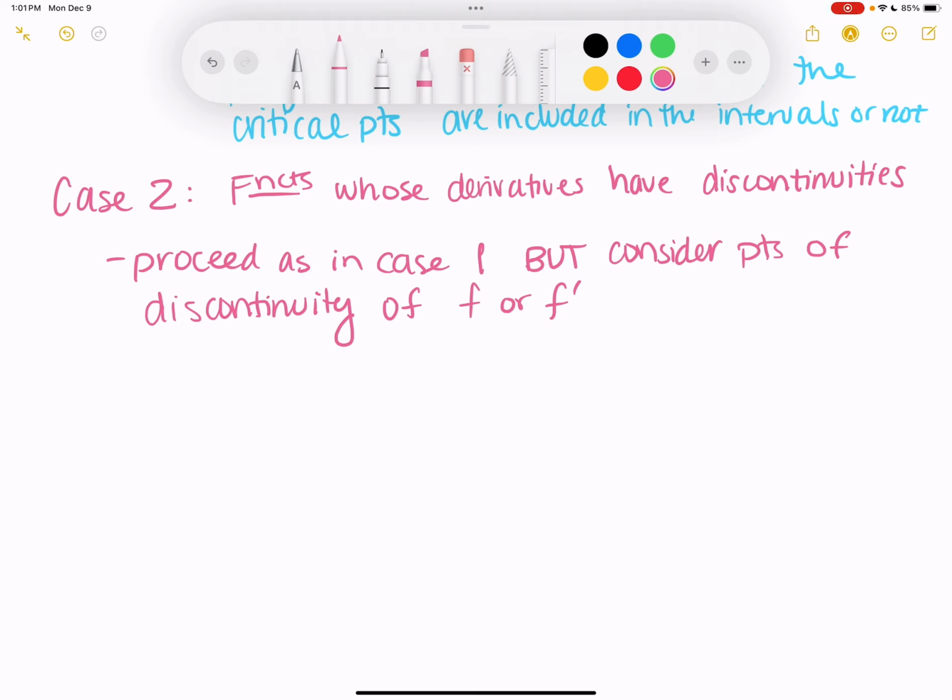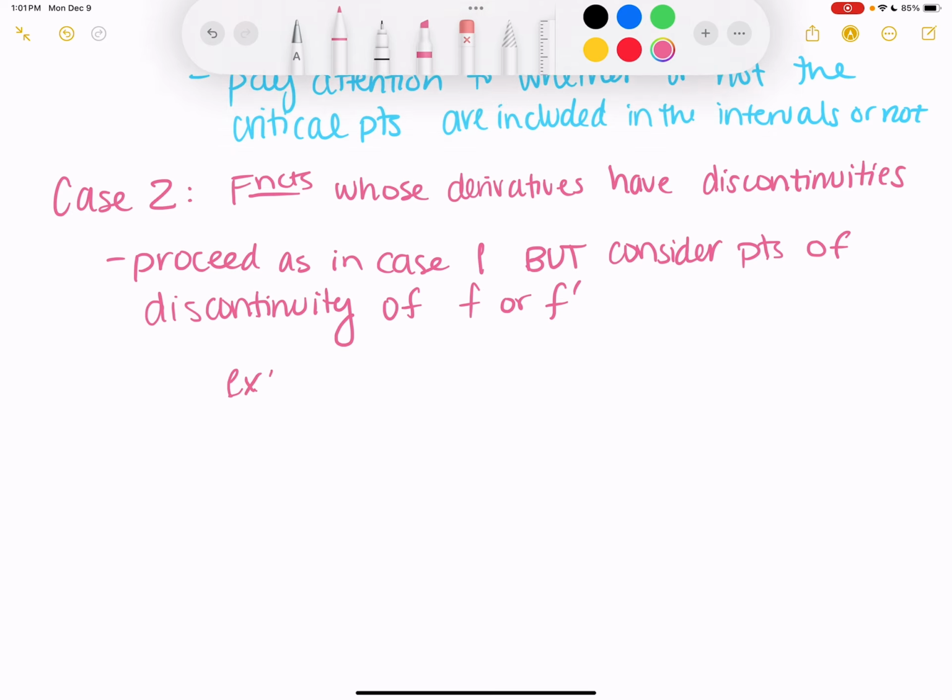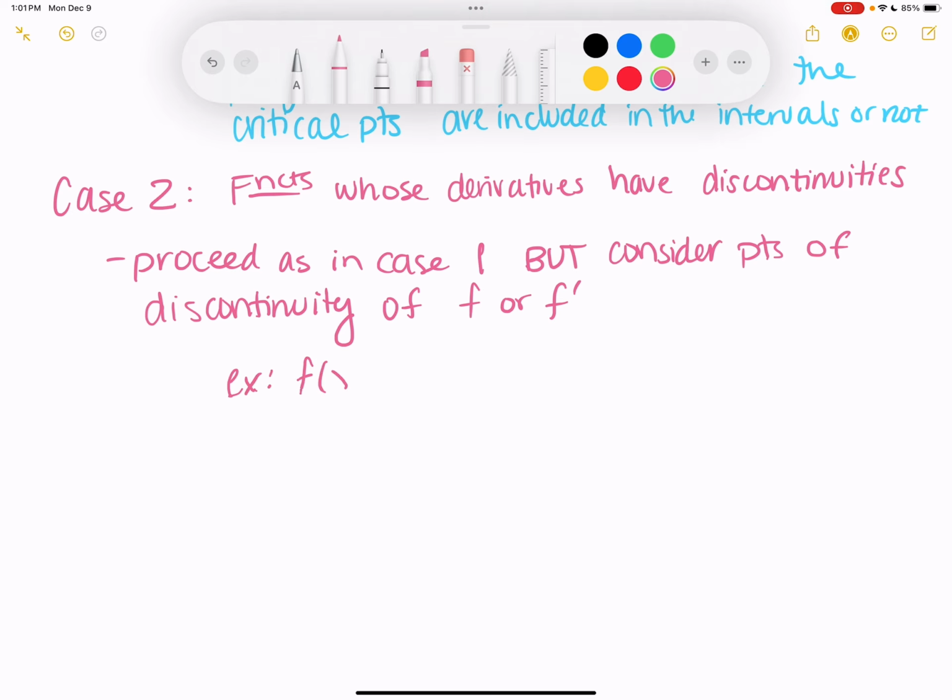Okay, so for example, f of x equals 1 over x plus 1, and f prime of x equals negative 1 over x plus 1 squared.